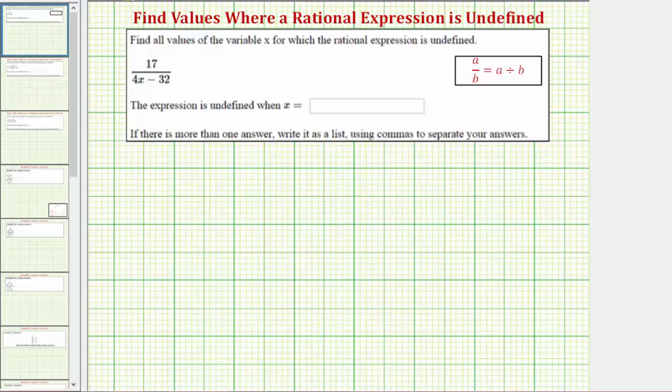So looking at our first example, the rational expression is undefined when the quantity 4x minus 32 is equal to 0. So let's solve the equation 4x minus 32 equals 0. First step is to isolate the variable term, so we add 32 to both sides.